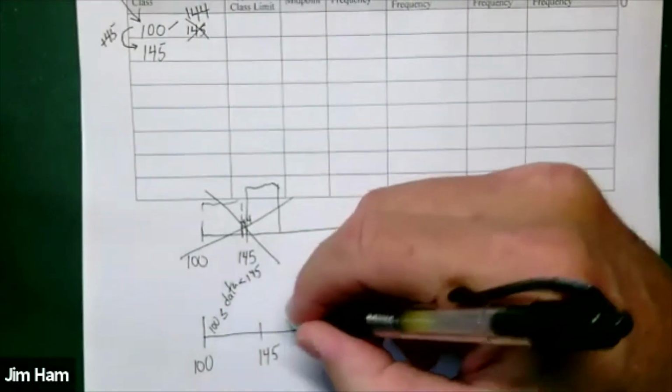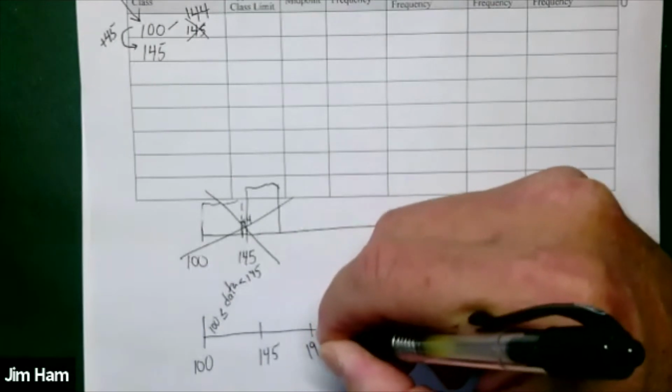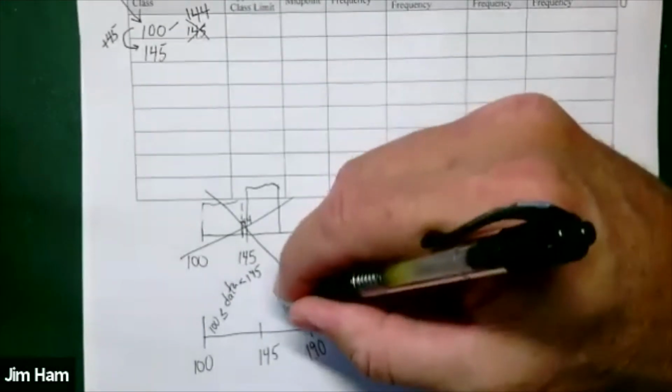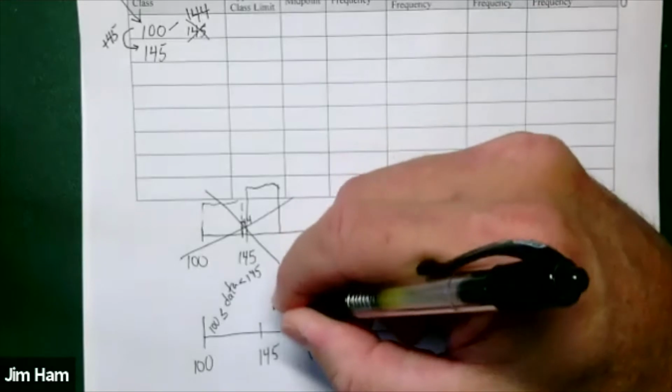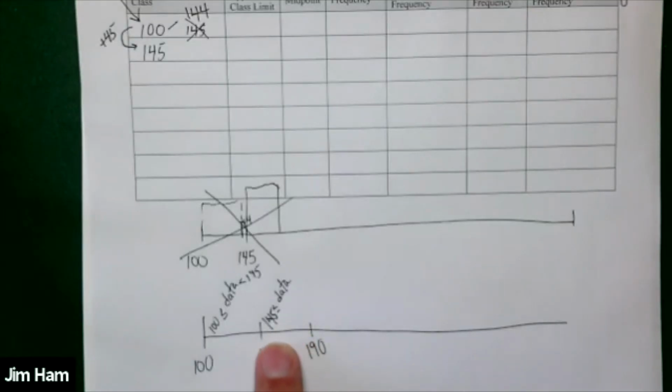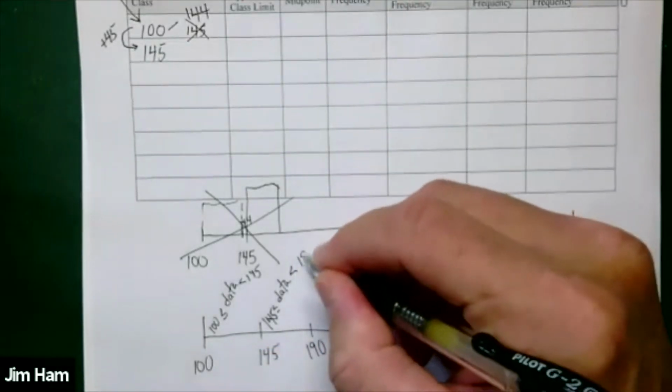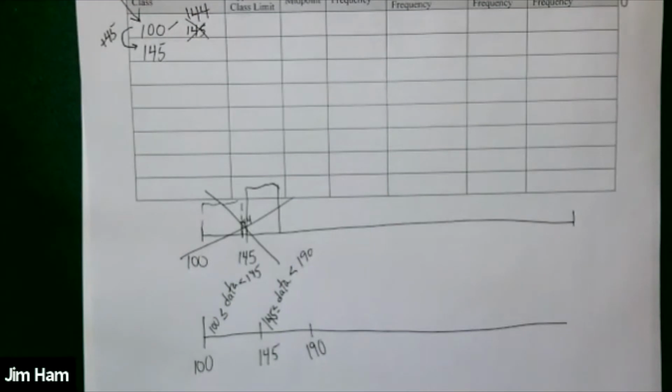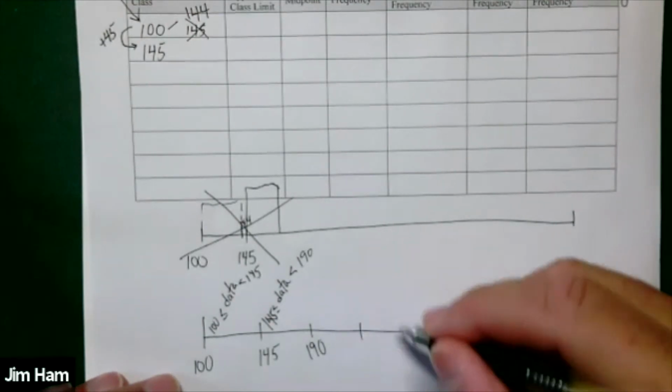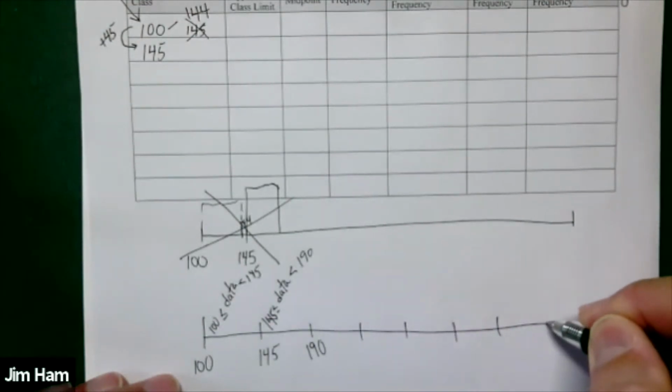So if we encounter the data value 145, then it is actually going to be counted in the next class. And the data values in this class would be greater than or equal to 145, but less than 190. If you hit the 190 data value, then you go to the next one. And this would just continue with all of the others.